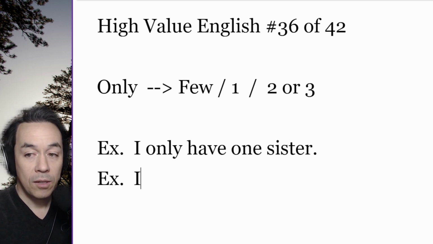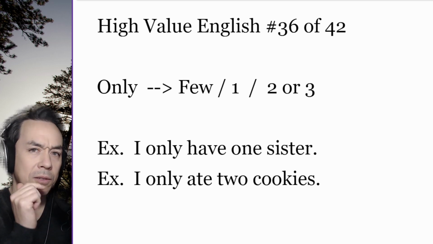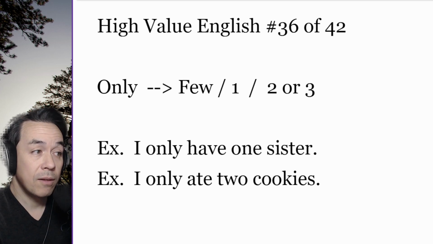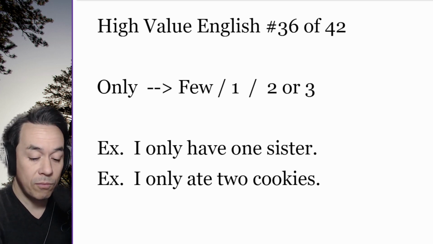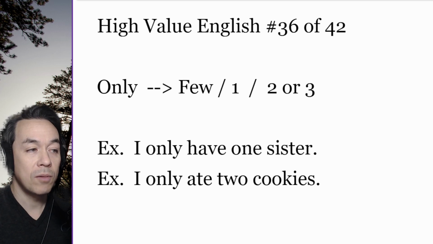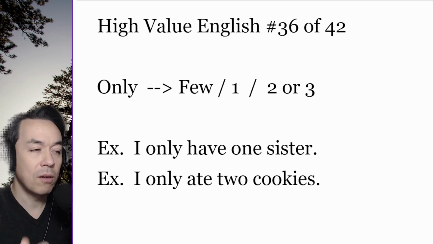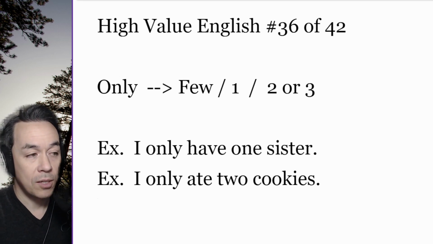I could say, I only ate 2 cookies. Okay, so if there's a set of cookies, there's 10 or I don't know, 20, or a whole dish, I only ate 2, which is a small number of the whole set.